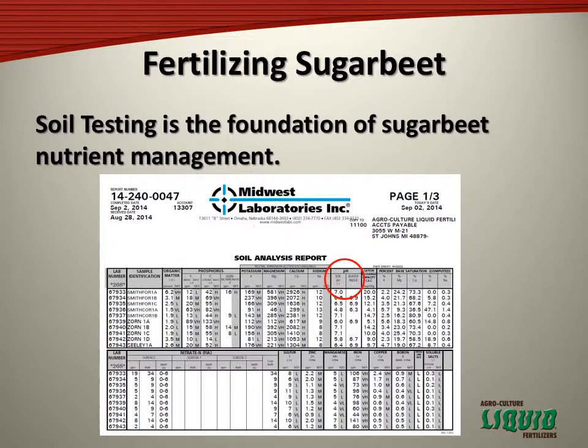Sugar beets are sensitive to many corn, soybean, and dry bean herbicides, so it is important to maintain soil pH levels that reduce herbicide persistence and risk of carryover injury. As always, read, understand, and follow label directions of all pesticides.